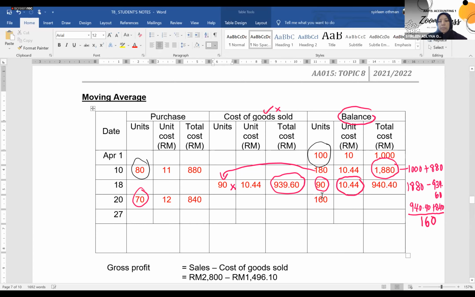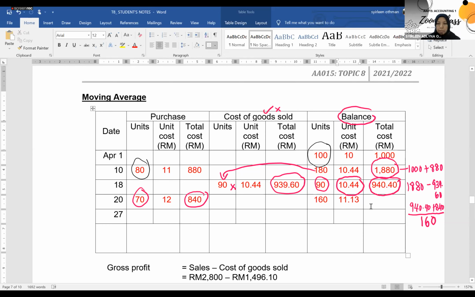So kita akan dapat nilai dekat sini ialah RM11.13. Boleh faham ah? So baki you tadi ada 940.40 tambah yang baru ni. Okey, lepas tu bahagi 160. Okey, so bila bahagi 160, so nilai untuk satu unit ialah RM11.13.